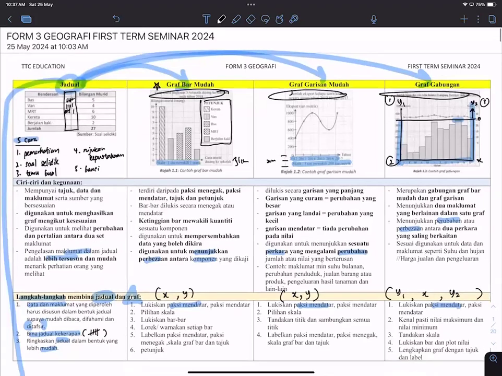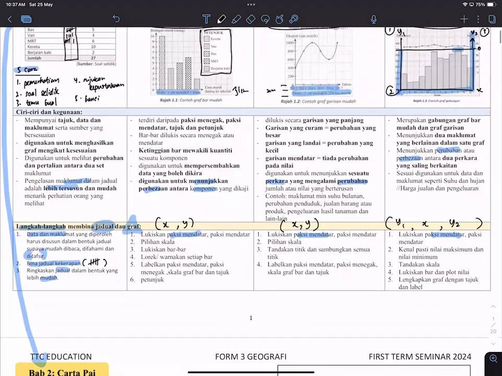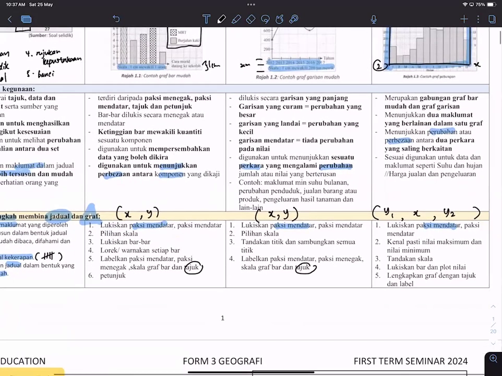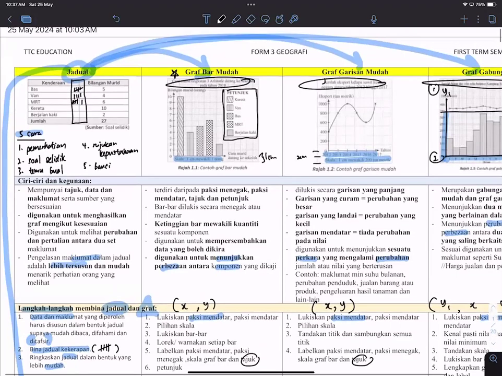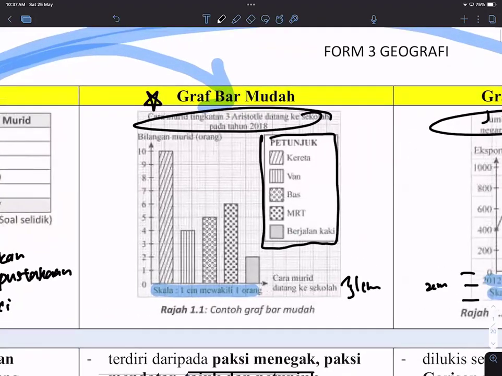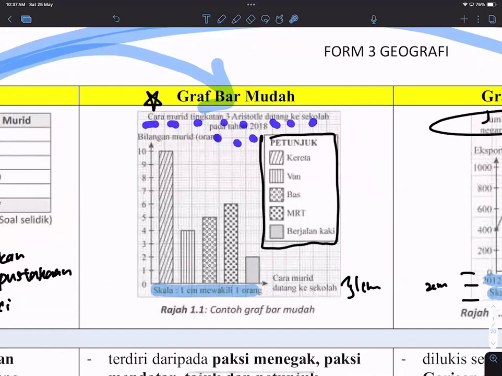So guys, write down the tajuk. Remember, let's say the question doesn't have a tajuk. So let's say from the graph bar mudah here, the tajuk: cara murid tingkatan 3 RED source datang ke sekolah pada tahun 2018. Do you guys find the mistake, the error?